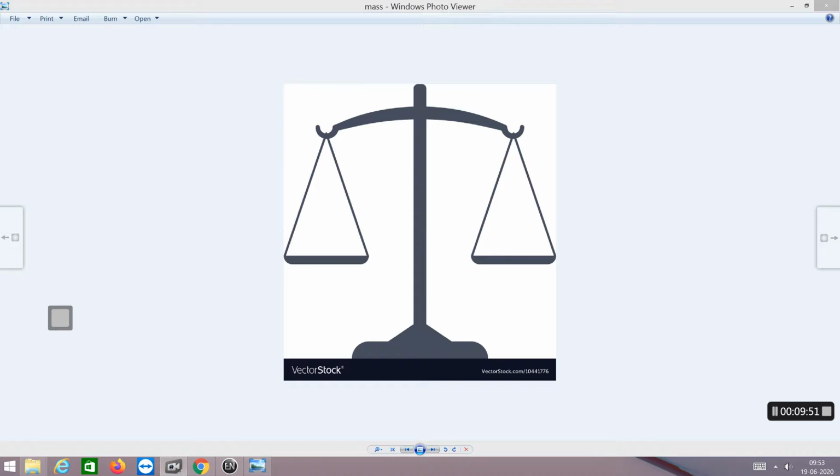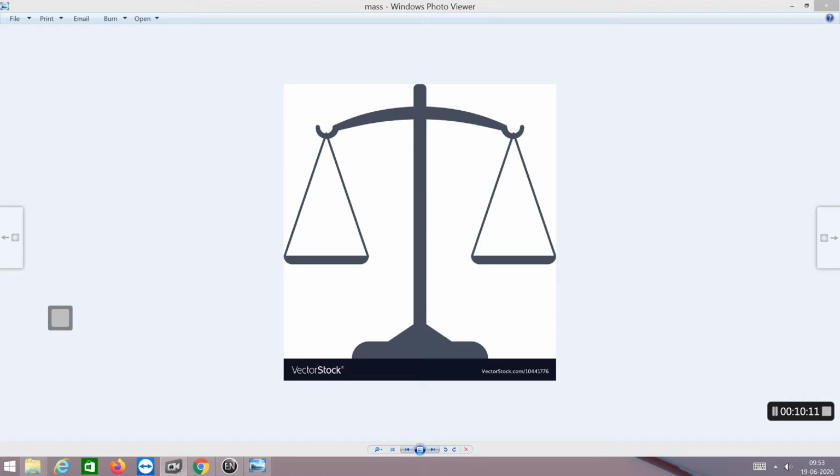This balance is called a common balance. So the mass of a substance is measured using a common balance, and the unit of measuring mass is the kilogram.